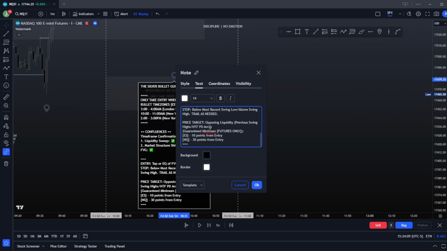Typically, I have extreme favoritism towards studying silver bullet on NQ, just because in regard to Forex, I really just don't like Forex price action. My whole market experience is based on U.S. domestic markets, stock market, SP 500, NASDAQ, all of that stuff.